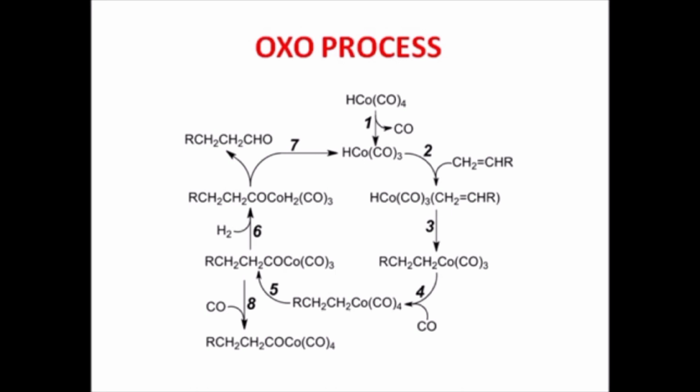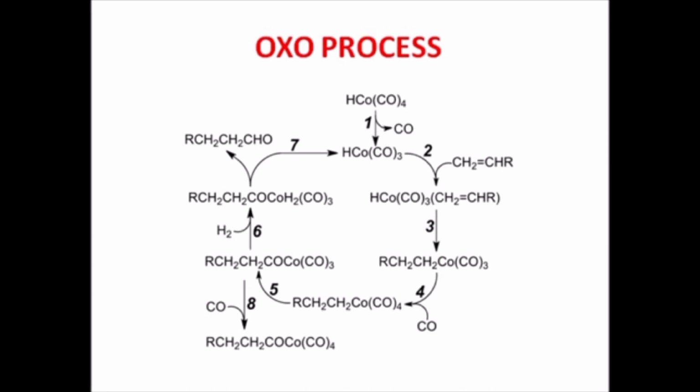Okay, if you are taking Wilkinson catalyst, we have not suffered this type of problems or difficulties. It is only that the Wilkinson catalyst is used to hydrogenate selectively at the terminal position, but here in this Oxo process we are applying the given catalyst for hydroformylation, that is alkene to aldehyde.